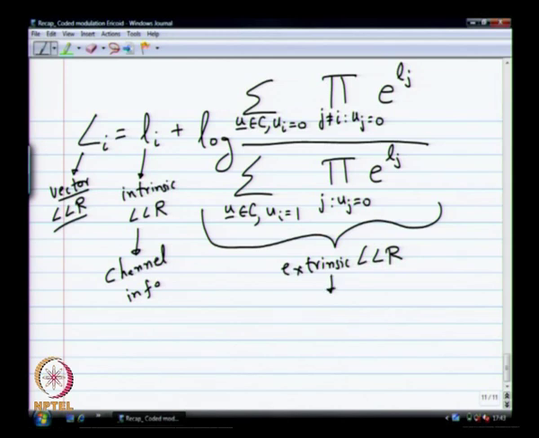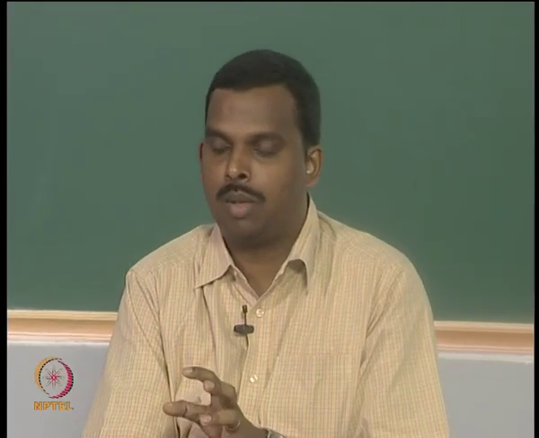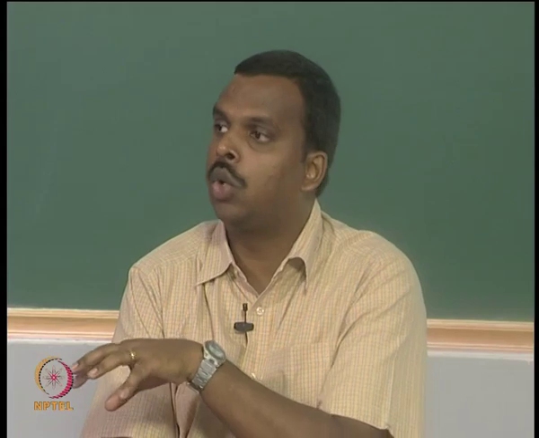What is this? This is from the code, basically from the rest of the bits in the code. It brings out what Ci will make the rest of the code behave in a certain way. So that is extrinsic to the ith received value. This is intrinsic to the ith received value. You are combining what comes from the channel using the knowledge of your code, bringing it in, and you are getting the answer.